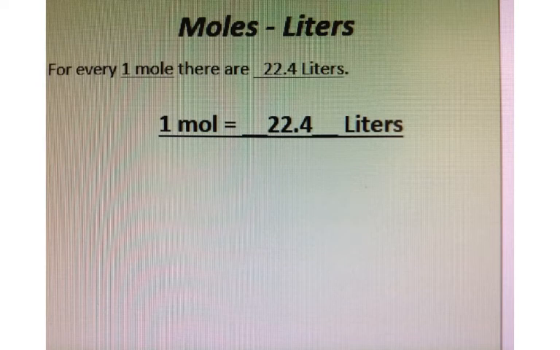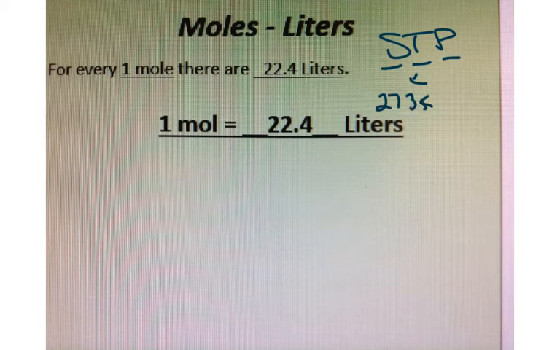Alright, what they also discovered, scientists, is that if you had a mole of a substance in the gaseous form, it's STP. And what does STP stand for? Standard temperature and pressure. Standard temperature is defined as 273 Kelvin or 0 degrees Celsius, and standard pressure is 1 atmosphere.